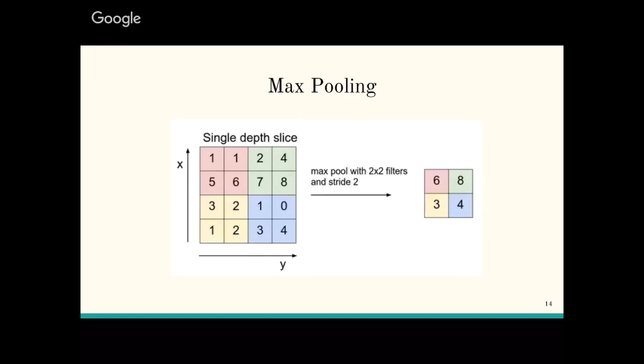So 1, 2, 3, 4, 5, 6, 7. So my 3 by 3 at the second level here, after I've done max pooling, gives me a 7 by 7 using a 3 by 3. Right? What does that allow me to do?